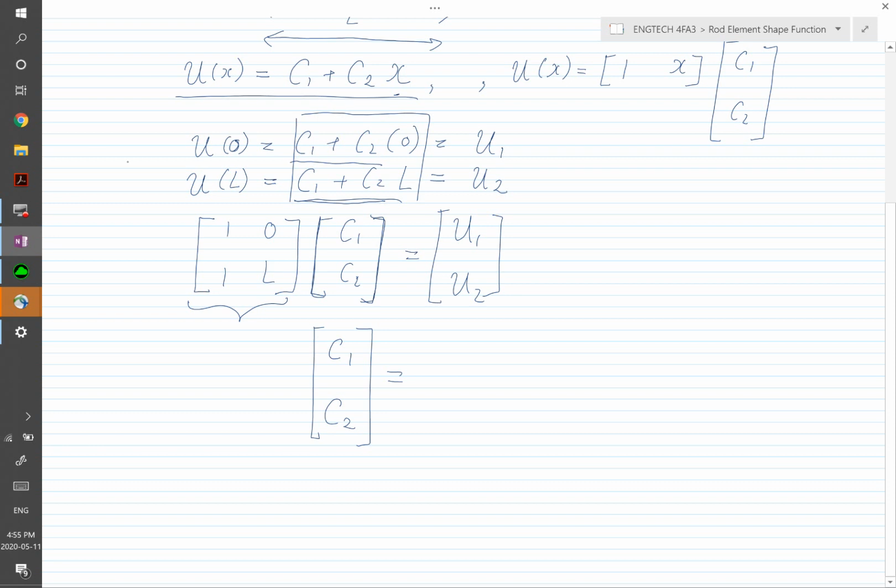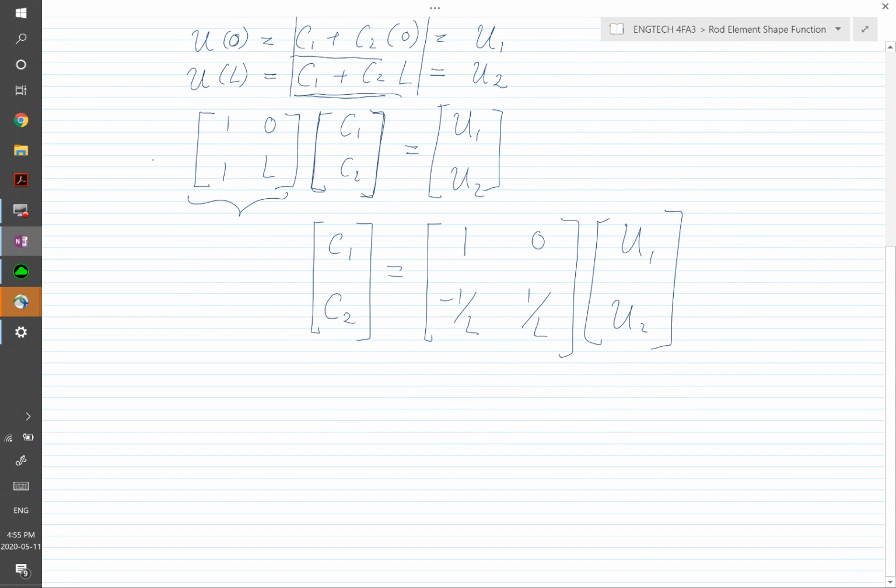How to do the inverse for a 2 by 2? There are a lot of formulas online that you can take a look at, and you can also do a linear row reduction. Anyway, let's do a shortcut here. I assume I know the inverse already. U1, U2.